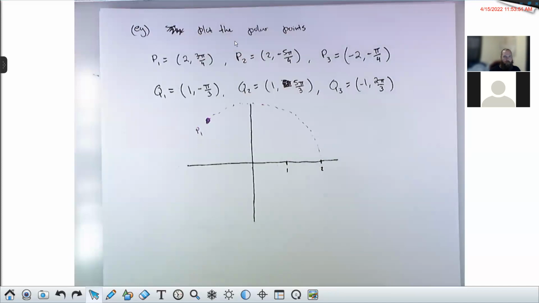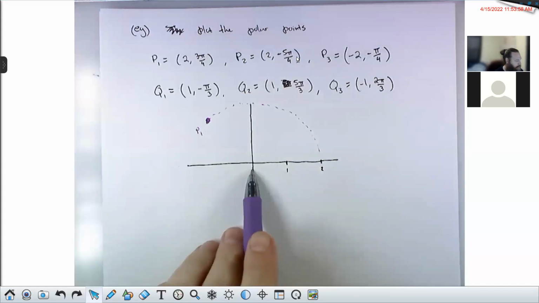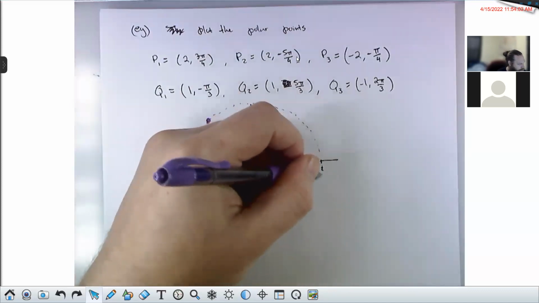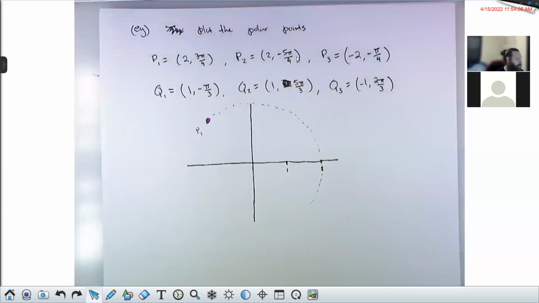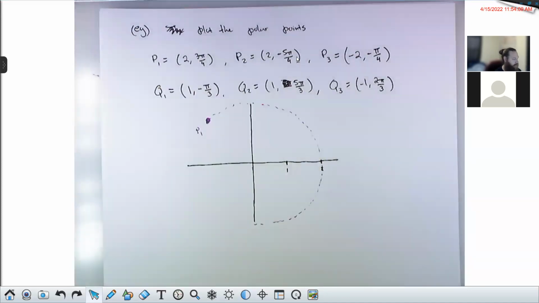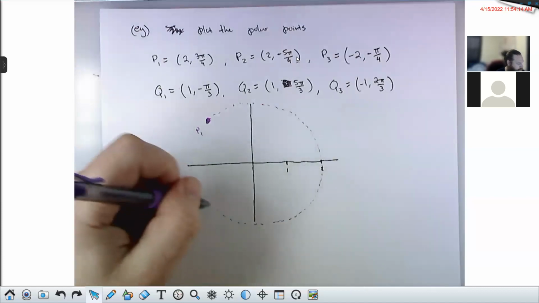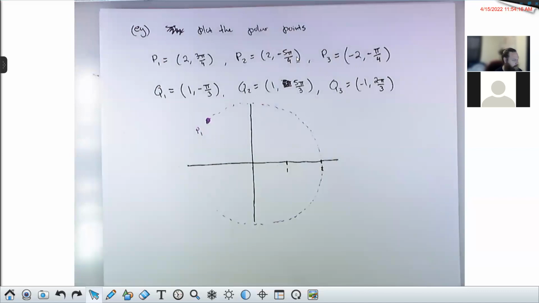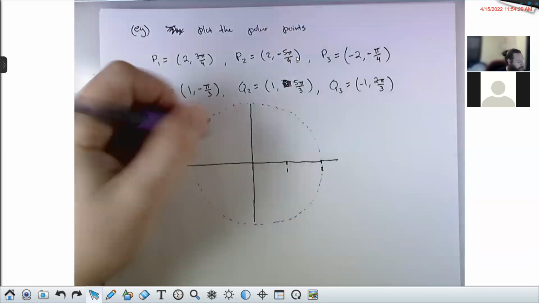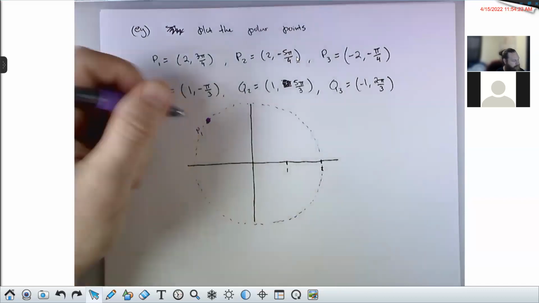What about P2? 2 comma negative 5 pi over 4. Okay, so I walk out 1, 2, and then I need to rotate around backwards by 5 pi over 4. So there's negative pi over 4, negative 2 pi over 4, negative pi over 2, negative 3 pi over 4, negative 4 pi over 4, negative pi, negative 5 pi over 4.